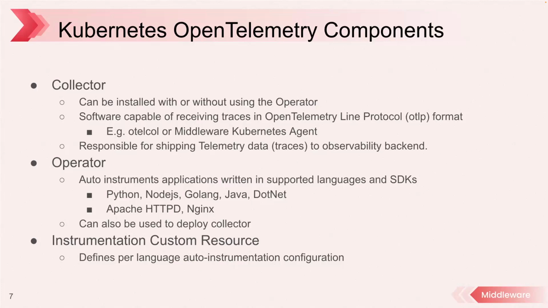So it has a way to configure something called mutating webhooks in Kubernetes. So when your pod is coming up, the mutating webhook gets triggered, and it can inject an init container inside the pod before the pod is even operational to configure the auto instrumentation aspect for that particular pod.